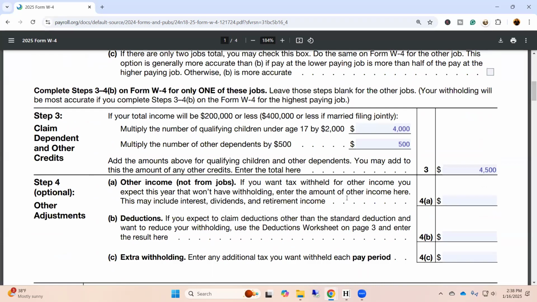And you're in a situation like Daniel, where we have two children under the age of 17, and then we have one that is 17, and you have a $4,500 credit. And remember, this credit is going to be dollar for dollar, reducing your tax liability. Your 40,000 is not getting taxed. It's 40,000 minus the 22,500, which means only 17,500 of your income is being taxed.